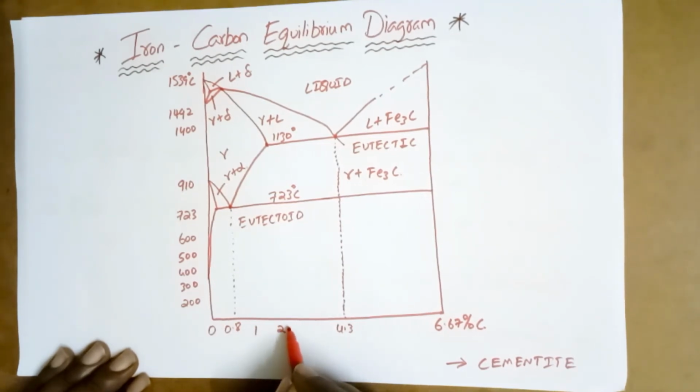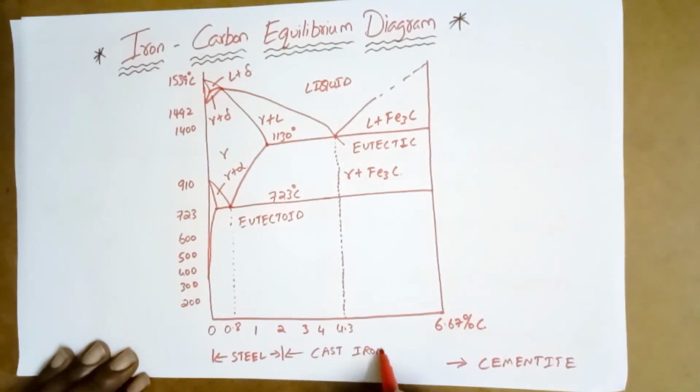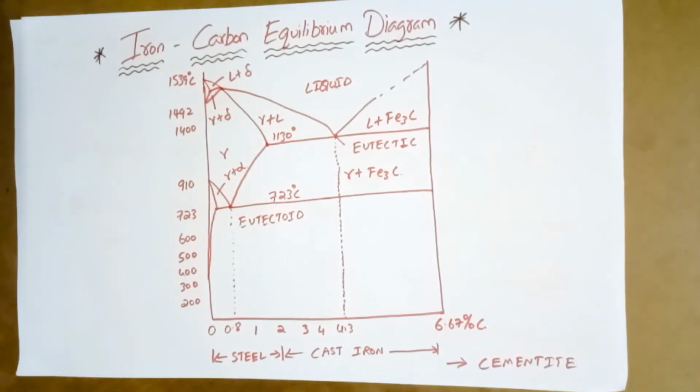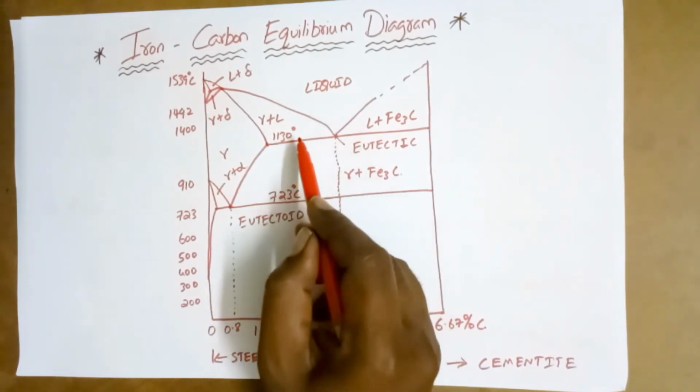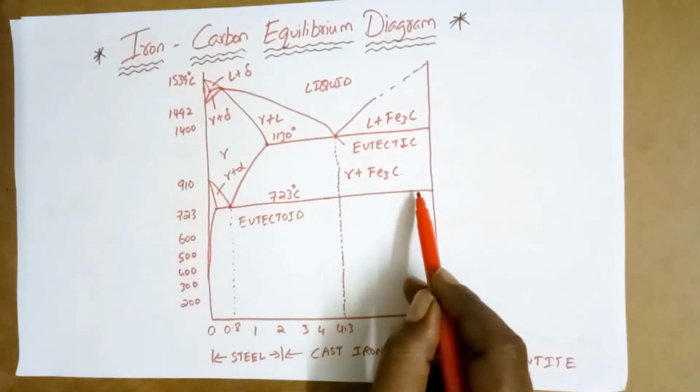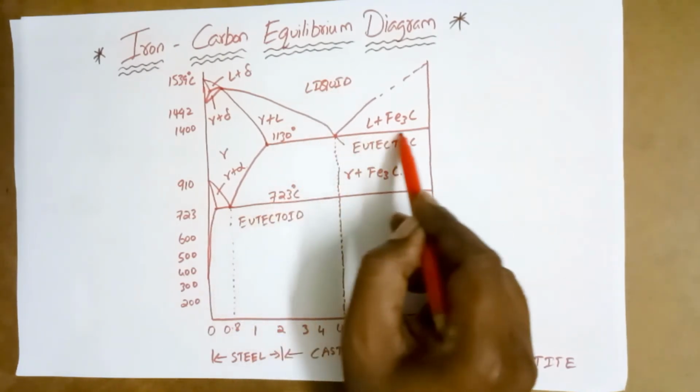And this is up to 2%. Up to 2% it is steel, and the remaining is cast iron. So this is the iron carbon phase diagram. This is the liquidus line, and this is the solidus line.